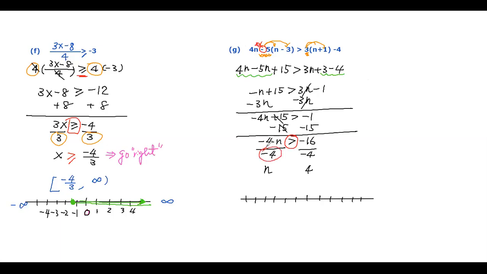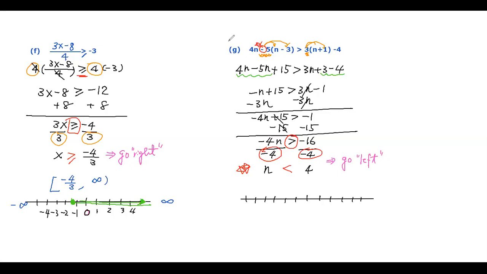Because I am dividing by a negative number. So remember, when you multiply or divide by a negative number, do not forget, you need to switch the sign. So you switch from greater than to less than here. Because n is less than 4, do I go left or go right? Because it's less than, I go left, right?